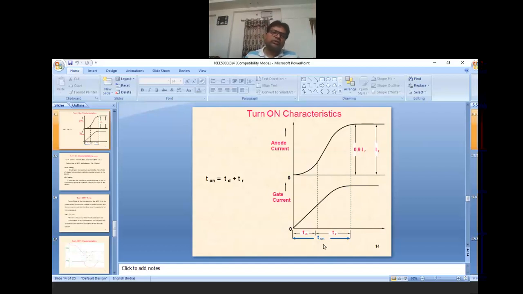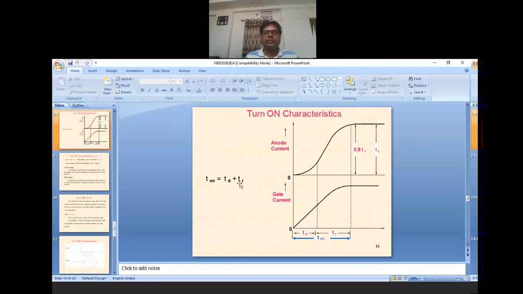There is also the final time, that is the settling time of the total waveform, where you will be considering the total I, then it will be TD plus TR plus TF, that is the final value time to reach from 90% to 100%. The total time will then be called turn on, or TS, the settling time.